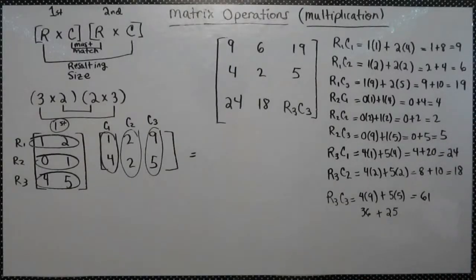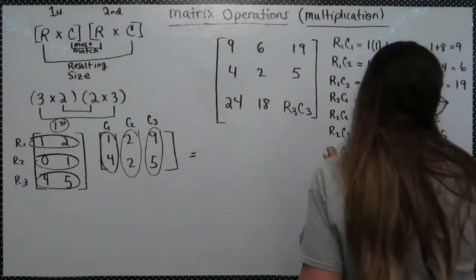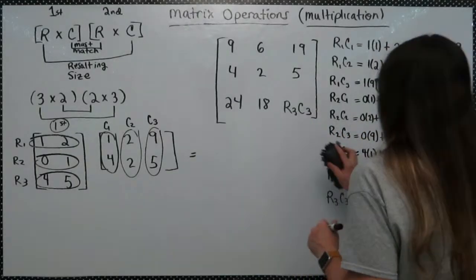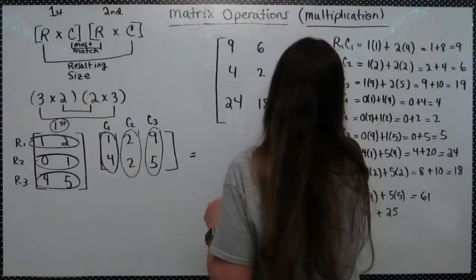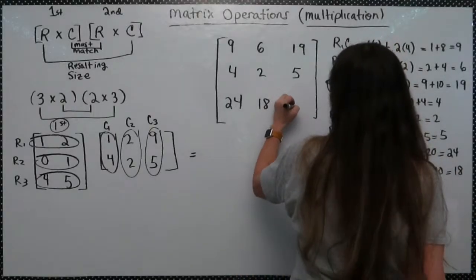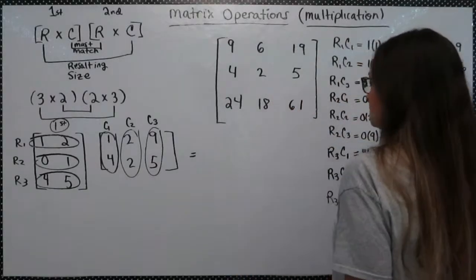All right, I know I do it in my head and then I have to see it in the calculator. I don't know why. All right, so we're going to replace that with 61. And here is your resulting matrix.